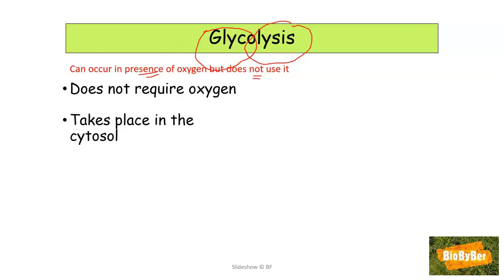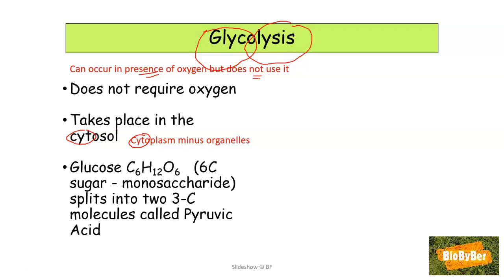Glycolysis takes place in the cytosol of the cell, which is the cytoplasm minus the organelles. Can you hear that cyt word? Cytosol, cytoplasm. So, the cytoplasm of the cell is the site of glycolysis.